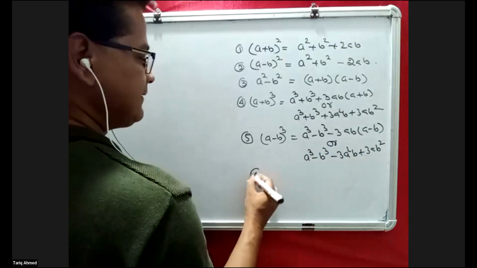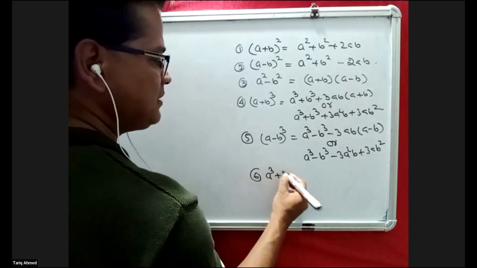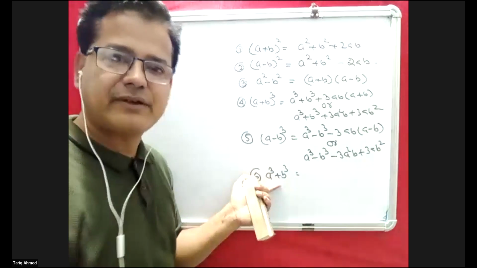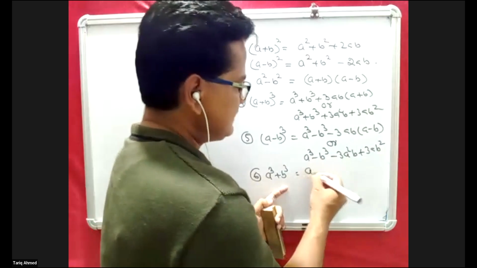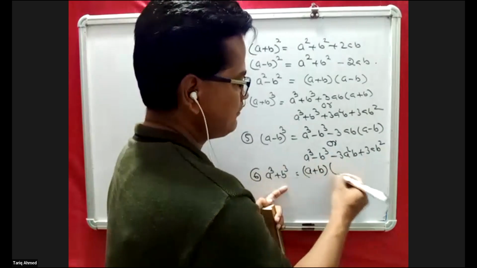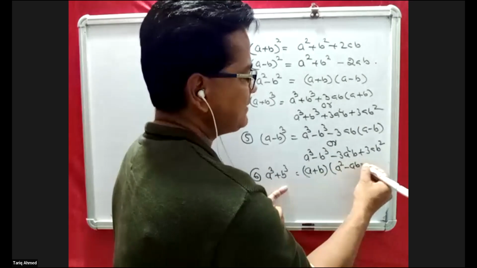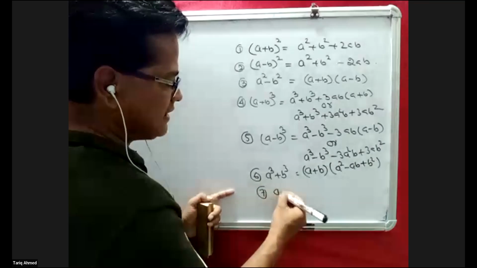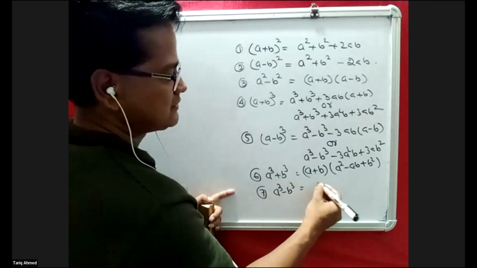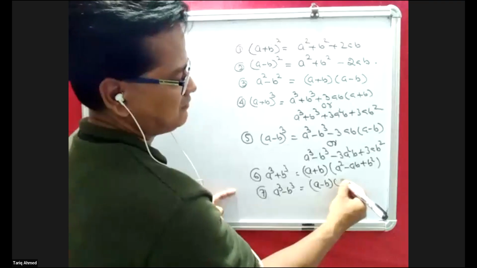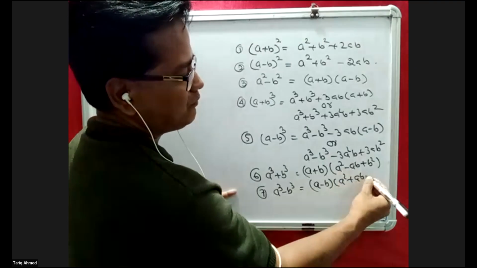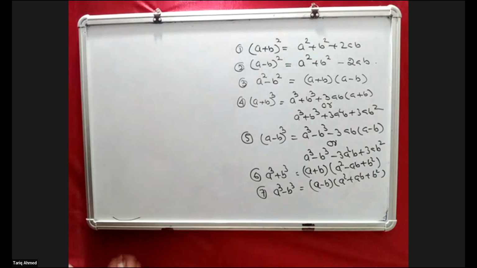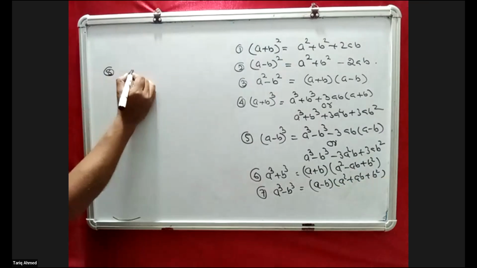Then A cube plus B cube: it is A plus B into A square minus AB plus B square. Then for A cube minus B cube: A minus B into A square plus B square plus AB. Correct?